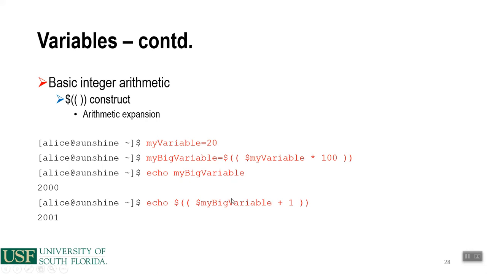So you want to echo my big variable, and this will return the value of my big variable. So we multiplied 20 times 100, we got 2,000. And say that we wanted to do my big variable plus 1, that'll give us 2001. So we can start to do basic arithmetic in this fashion.